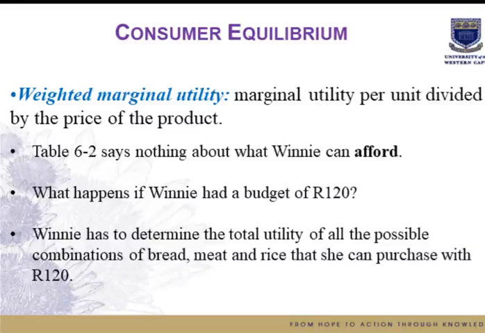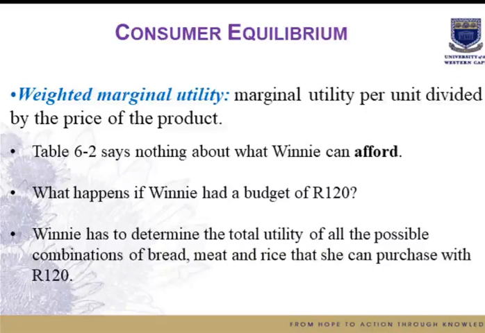The term weighted marginal utility refers to the marginal utility per unit divided by the price per unit. Recall, for Winnie to attain equilibrium, she must consume goods that give her the maximum attainable level of total utility. However, from the information in Table 6.2, we do not have information on whether she can afford the 1155 utils or any other combination of goods.